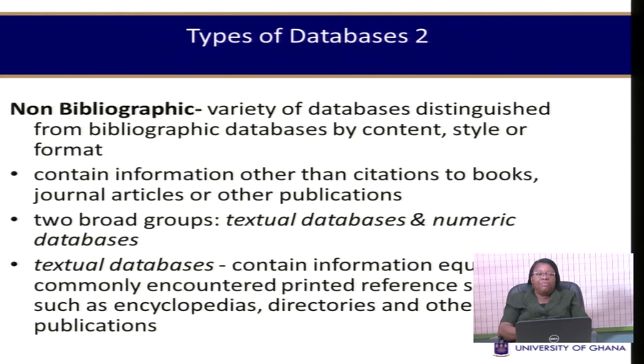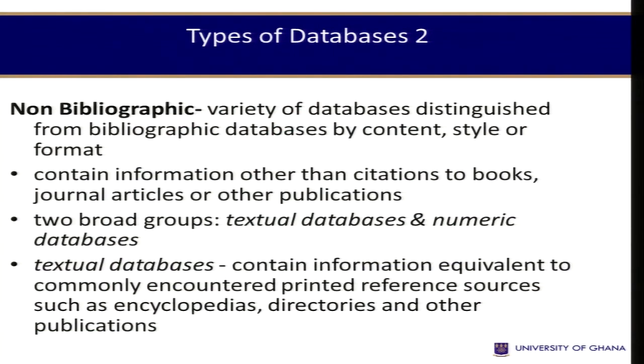So a non-bibliographic database contains information other than just citation to the books or to the articles, but it contains the detailed information. And we talk of two broad categories of non-bibliographic databases.